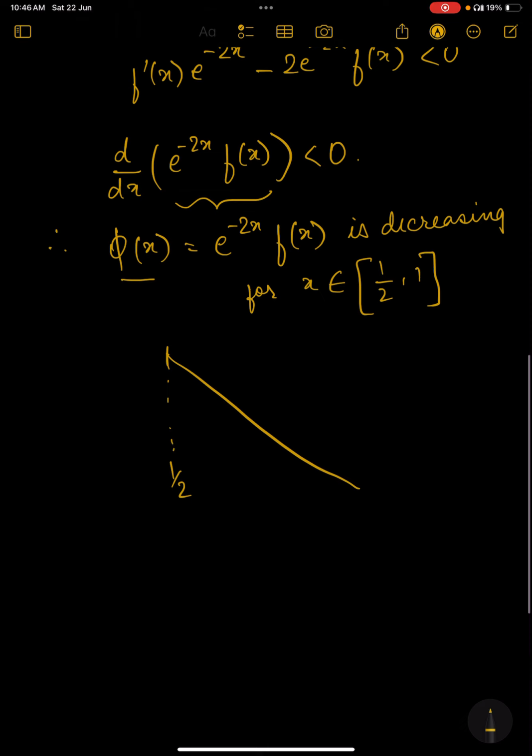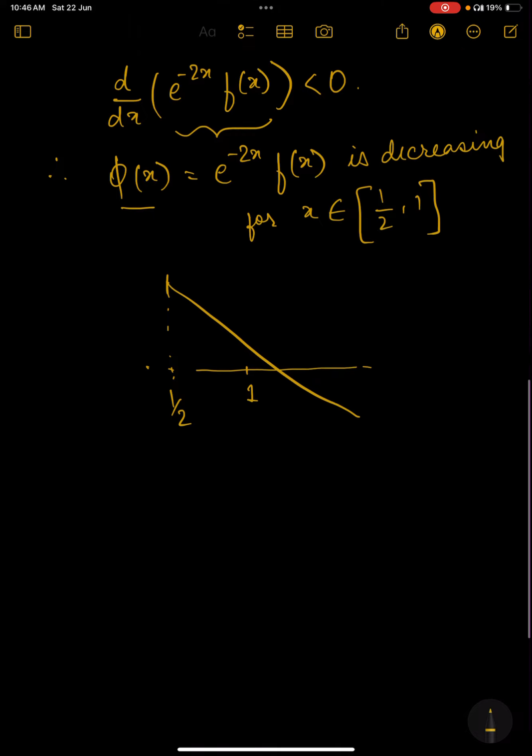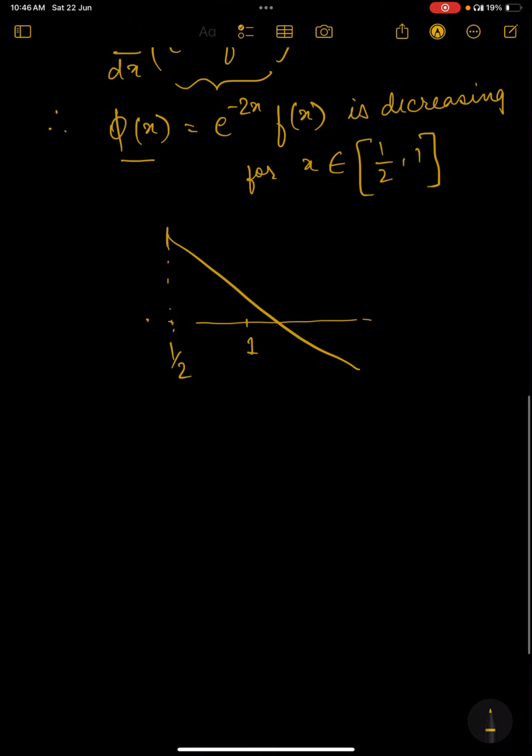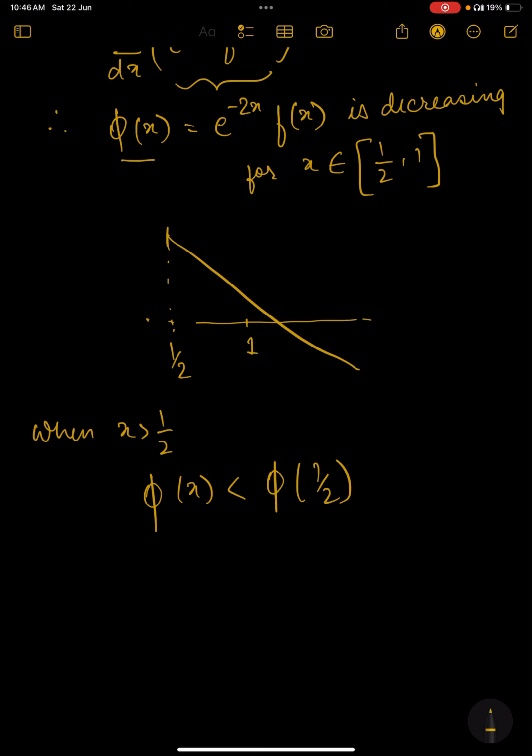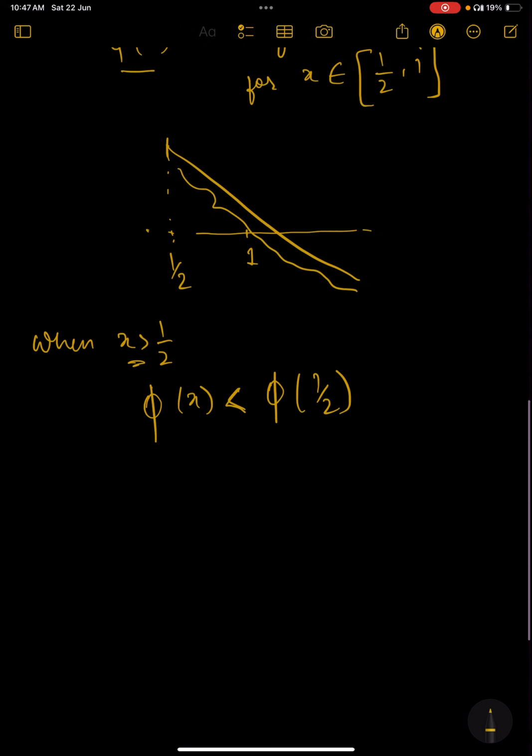This is x equal to half, and this is just a diagram I'm drawing for explanation, and somewhere 1 is over here. For any x greater than half, phi of x will obviously be less than phi of 1/2, so phi of x is always less than phi of 1/2.